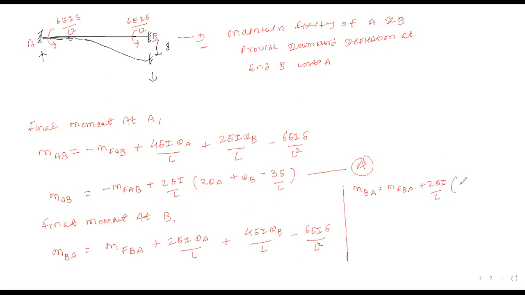Only theta A for the first term, twice theta B for the second term, and minus 3 delta by L for the last term. Is it clear or not? Please confirm. This is your equation number 9. This is the general equation for slope and deflection.